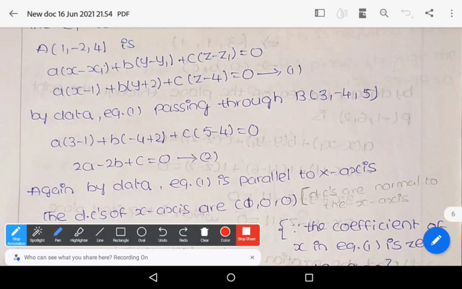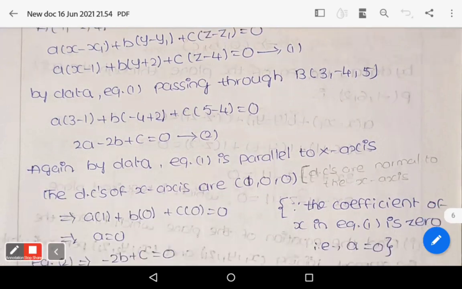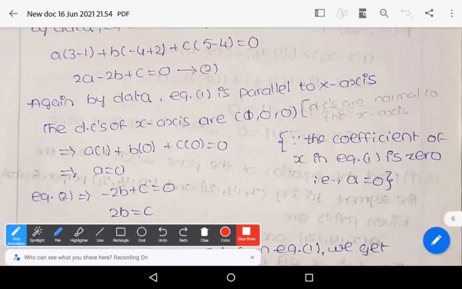Again, by data, equation 1 is parallel to x-axis. Equation 1 is parallel to x-axis means the direction cosines of x-axis are 1, 0, 0. The direction cosines of x-axis are 1, 0, 0.